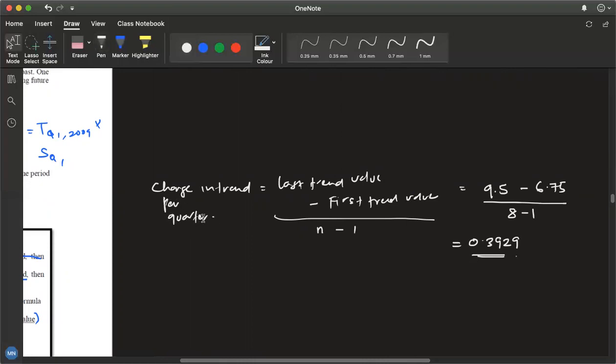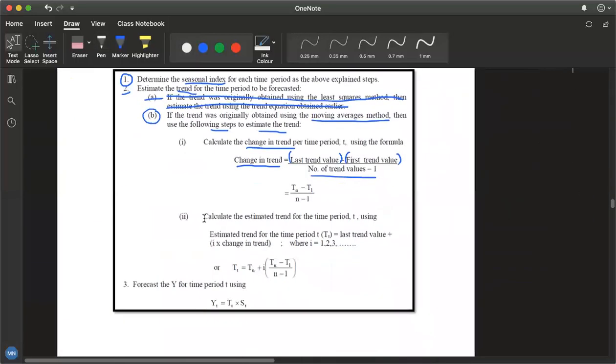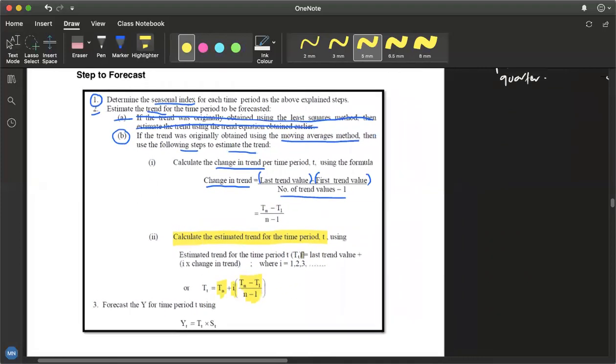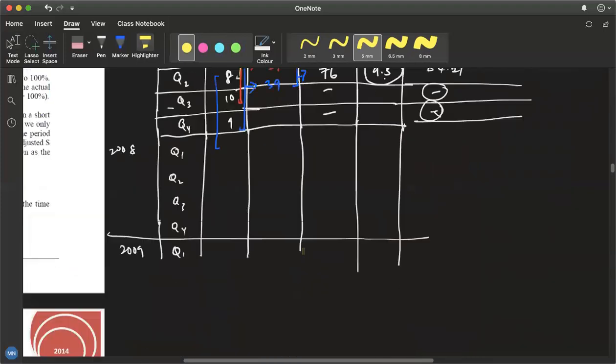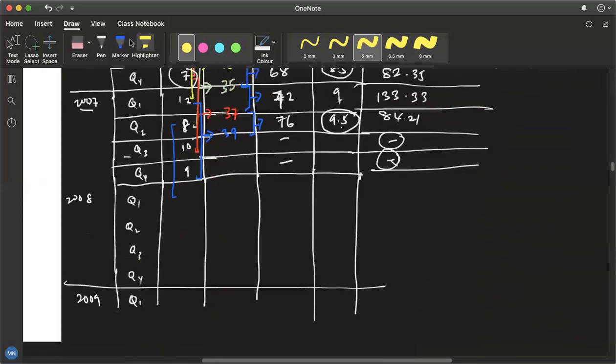The second step is to calculate the estimated trend for the time period T. It is the last trend value plus the number of steps multiplied by the change in trend. So how many steps do we want to skip?